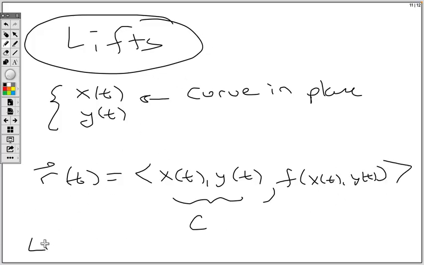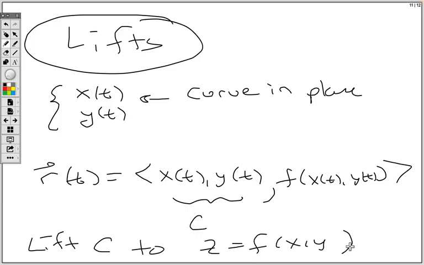And so this would lift the curve C to the graph z equals f of x, y.